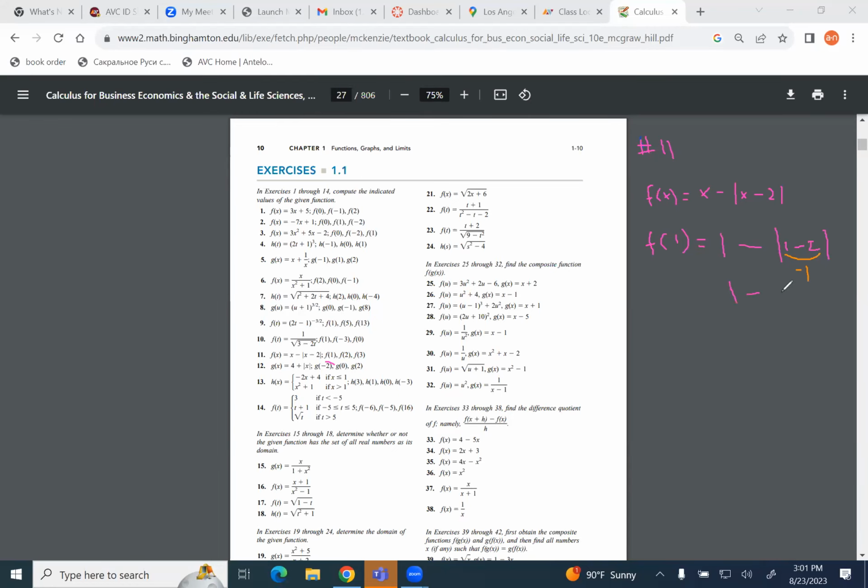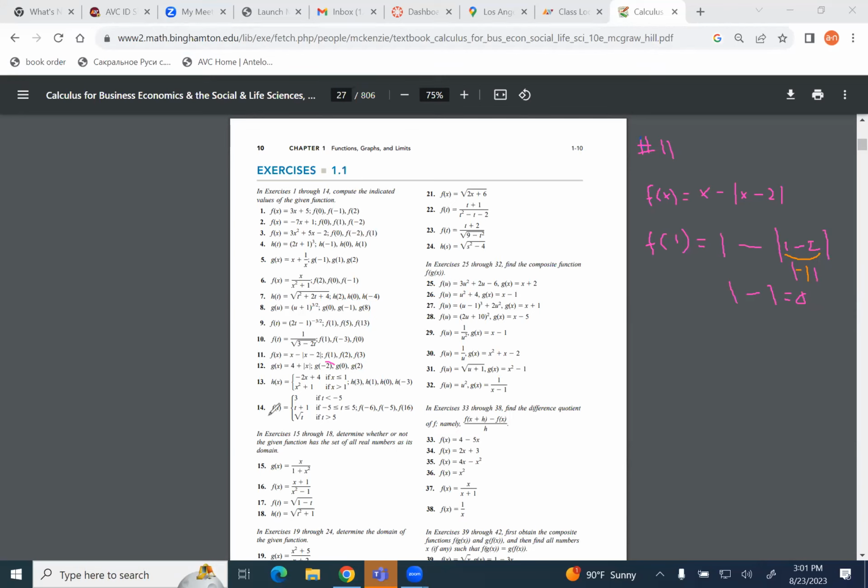And notice that -1 in absolute value becomes positive, isn't it? So we end up with 0 for the answer. So looks like this is the way to go for all of these exercises. You just want to be carefully plugging numbers in, and that's really all it is.